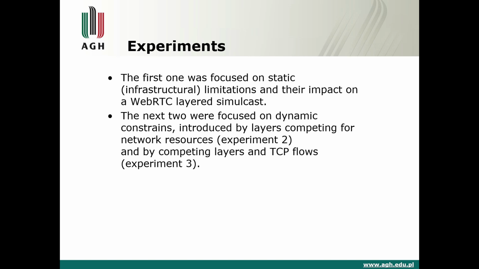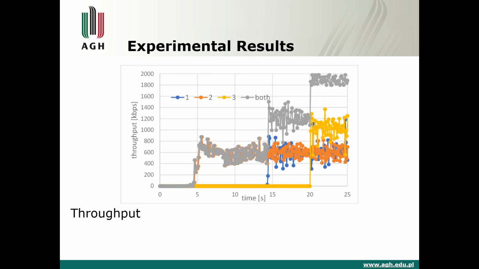First, we analyze a typical system. 3 layers are used. The first part is connecting to layer 1 only. The next 2 layers are transmitted for the final stream received by the receiver. It's like this. It's about 1002 kilobits per second, and when the last third layer is connected, it's about 2 megabits per second.